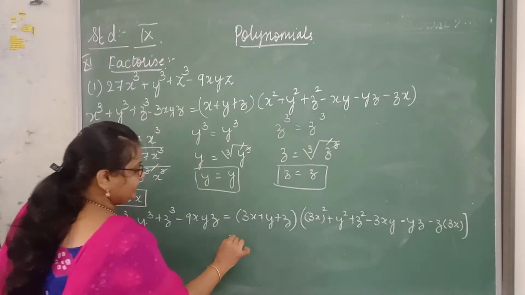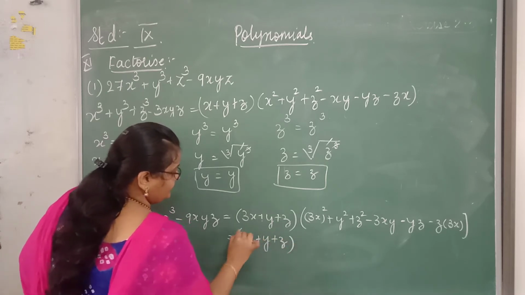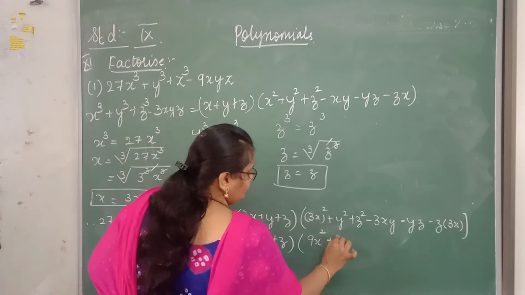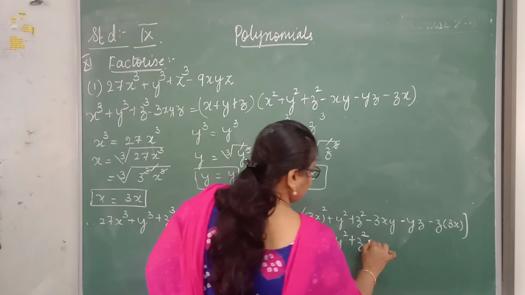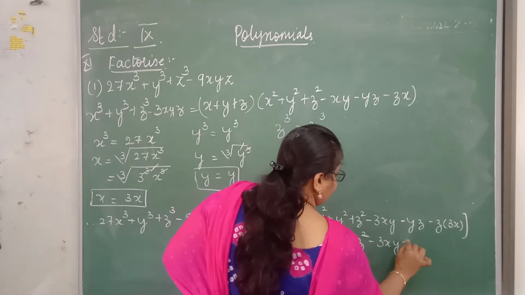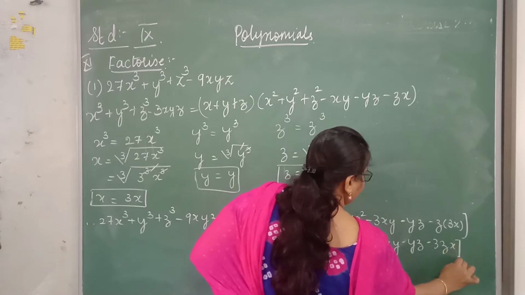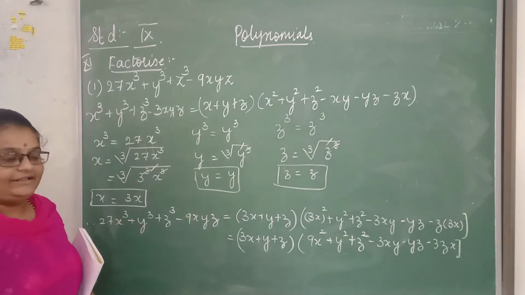So together it becomes 3x plus y plus z into 3 square is 9x square plus y square plus z square minus 3xy minus yz minus 3zx. So this is how we will be getting the answer.